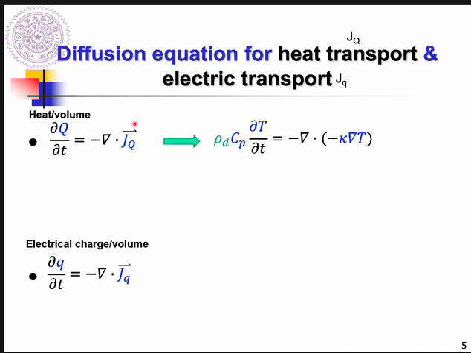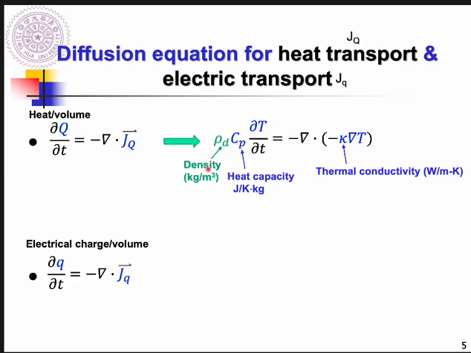The total heat will equal Cp dT, right? But because the final unit will be per volume, I multiply by the density here. Then the heat flux obeys Fourier's law, which is negative thermal conductivity times the temperature gradient. Don't forget that multiplying by the density is because we use per volume for everything. Next, we move the density and heat capacity to the right-hand side and arrange it.